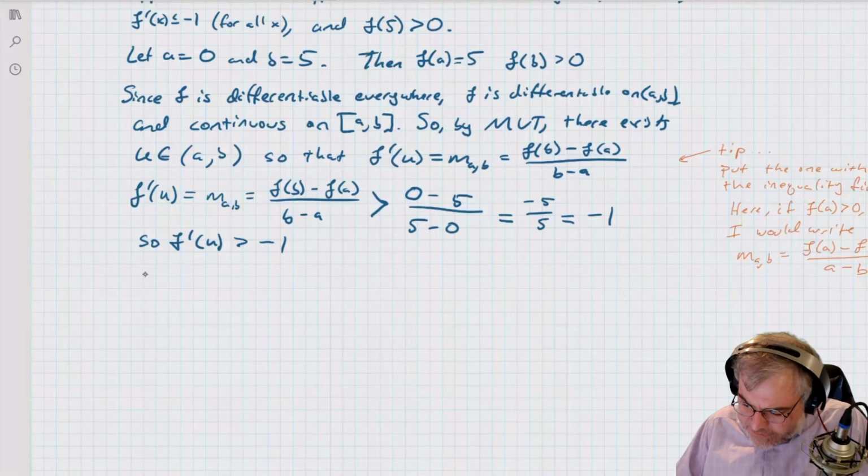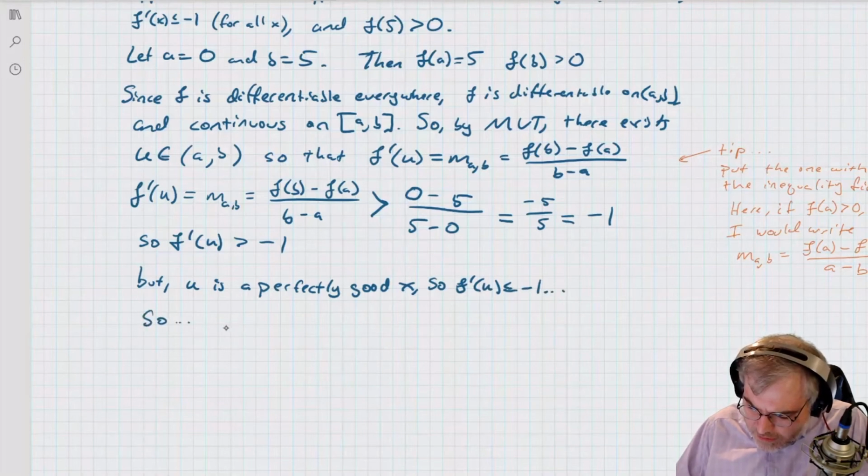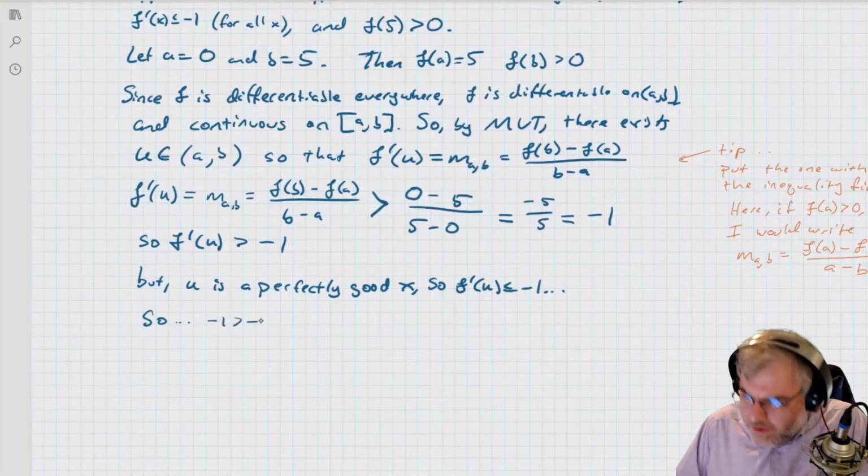But u is a perfectly good x. So f prime of u is less than or equal to negative 1. So negative 1 is greater than negative 1.